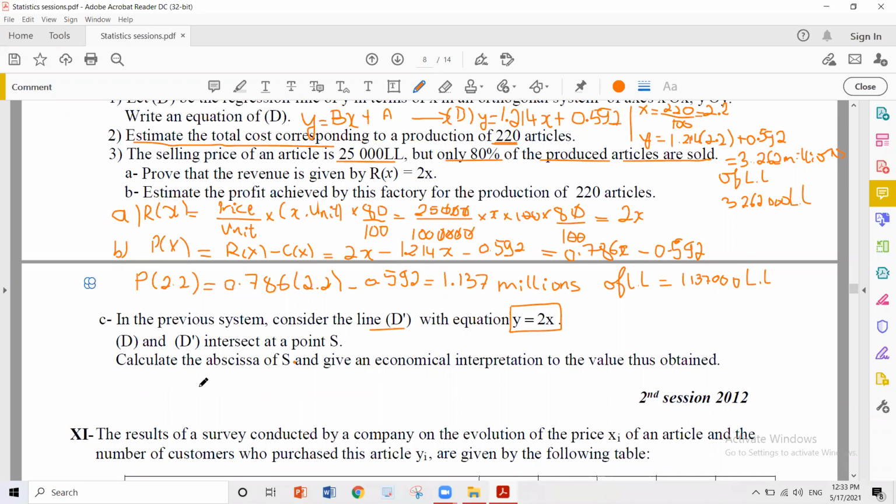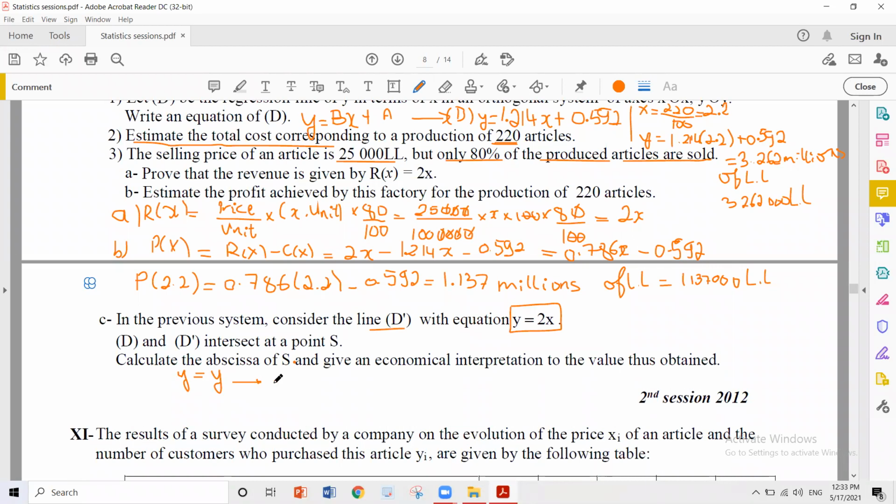فبنقول to solve D intersection D prime we solve y equals y. To find the intersection between a curve and a line or between two lines, we solve y equal y.